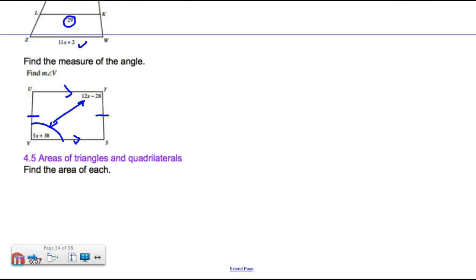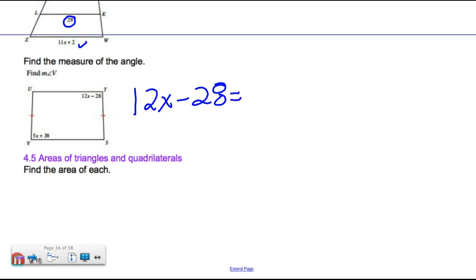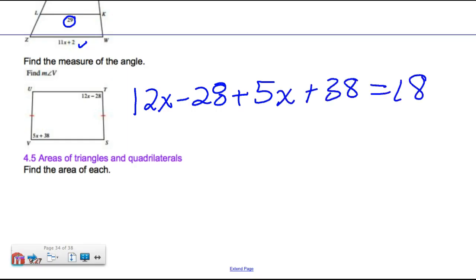Let's go do that. Another way, too, is to put these base angles are the same. You could go like that, and then this one is another 5x plus 38, and you could say these two have to add up to 180. There's so many ways to do it, but we are just going to start off and say 12x minus 28 plus 5x plus 38 is equal to 180 degrees.